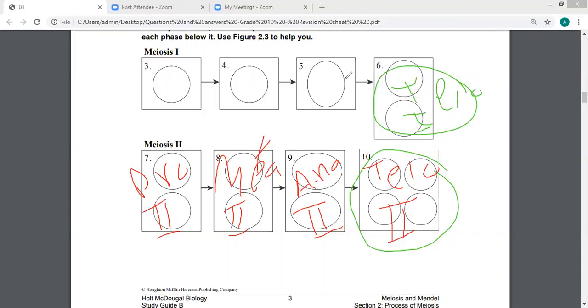Clear? All of you, it's clear for you? Any problem? Okay, I hope so.